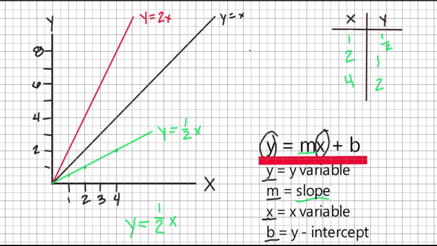So as m increases, your line becomes steeper. And as m decreases, it becomes flatter. Okay? So remember, understand how this works.